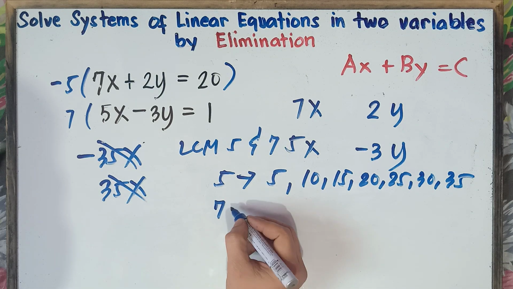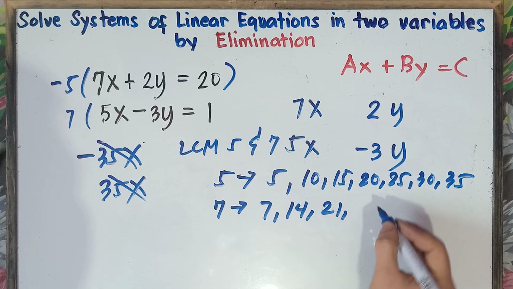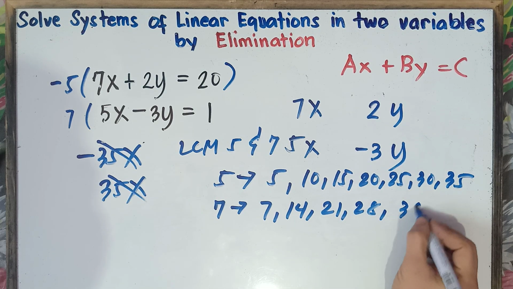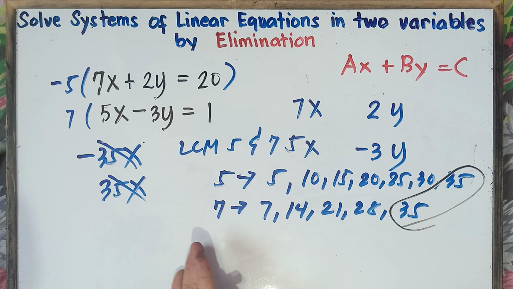And then multiples of 7: 7 times 1 is 7, 7 times 2 is 14, plus 7 is 21, 28, and then 35. Therefore, class, the LCM, the least number that is common to 5 and 7, would be 35.